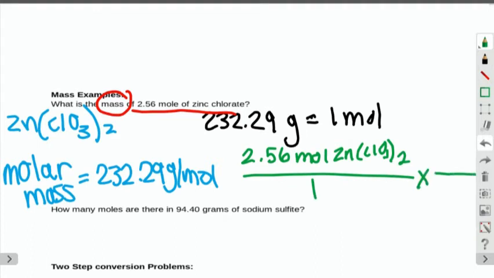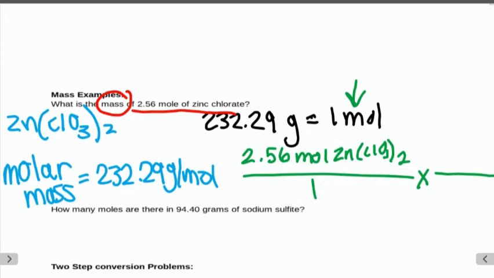You then want to cancel out whatever is on the top with whatever is on the bottom. So we're trying to cancel out moles, so we will place the moles on the bottom to cancel them out. In our conversion, there is 1 mole for every 232.29 grams.